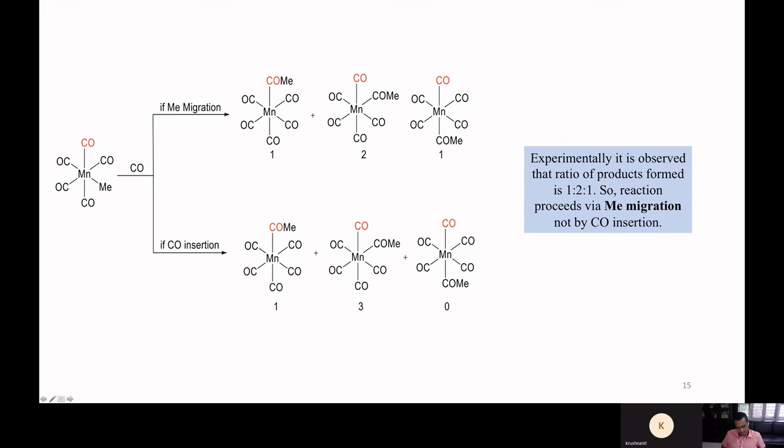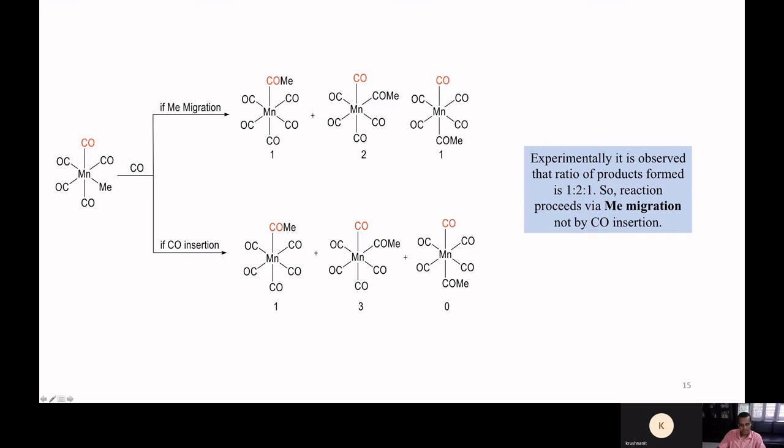Now you are heating it, let's say, in the presence of normal CO. So two different types of CO are there. One CO is labeled CO, 13 carbon. The other is 12 carbon, normal carbon monoxide. This is labeled carbon monoxide, right? Now, what are we looking at?